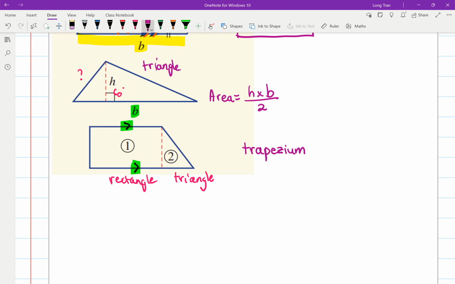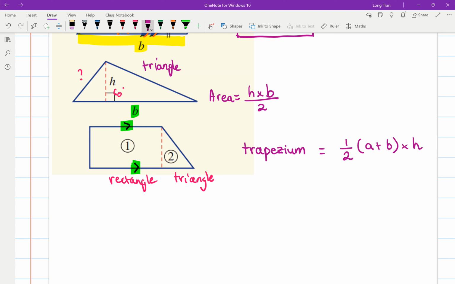So I'm giving it to you in advance because you can do this in two ways. You can do it the rectangle plus the area of a triangle, but it takes longer to do. So I'm going to give you the formula for a trapezium. So they've already done the hard work for you. They've summarized, they've done a rectangle, they've added a triangle, and have summarized it into one nice formula, which is half times (A plus B) times height.